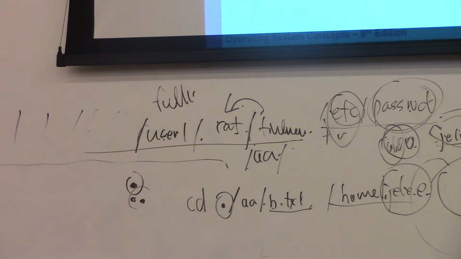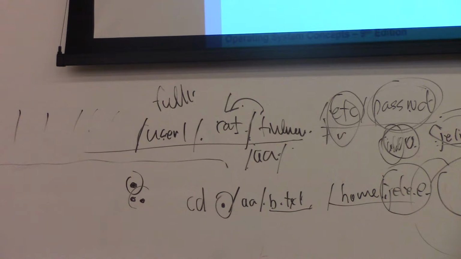Okay, then we'd better know the difference between the tree and the graph structure. What's the main difference? The root. The tree has a root. The graph doesn't have one.